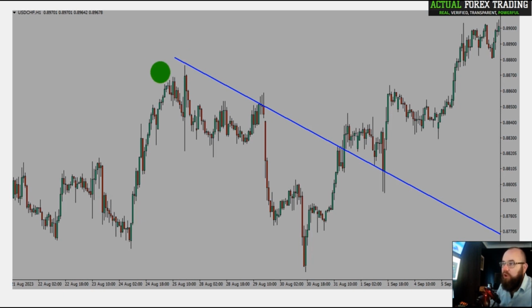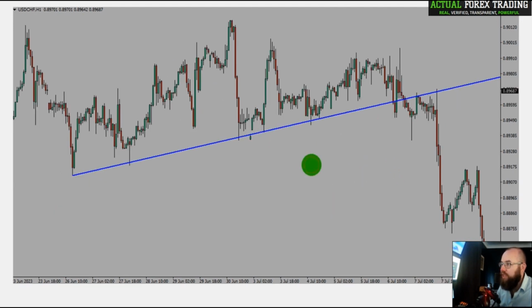Here's another example of resistance becoming support, so diagonal resistance here, so reversal, reversal, reversal, support. So it breaks above and then becomes support. And the same can happen with support becoming resistance. So support, support, support, support, lots of reversals around this area, nice clear diagonal support area.